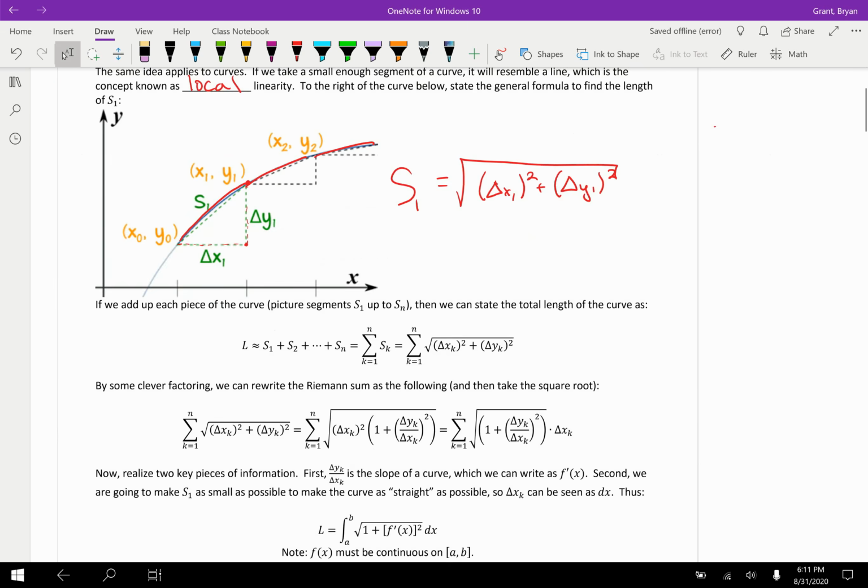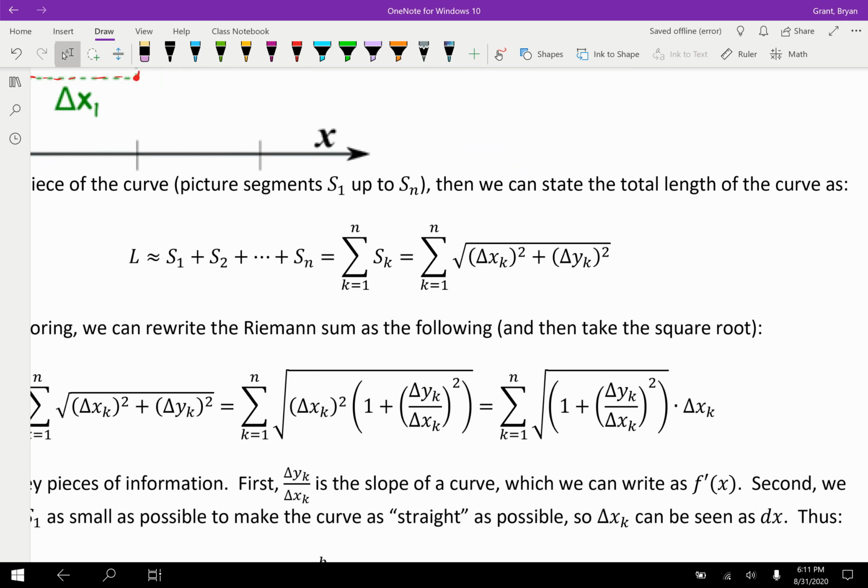Now, if you add up all of those pieces to get L, where we're going to use capital L to stand for our arc length here, you'd of course do S1 plus S2 plus all the way up to S sub n, where S sub n is the last piece of the curve that you want to stop at. That's your stopping point there. Of course, it's a little tedious to write out S1 plus S2 plus S3 and so on, so we can notate this using our sigma notation.